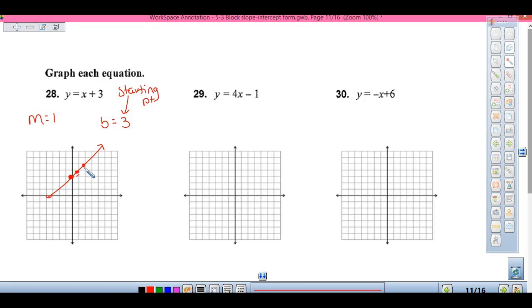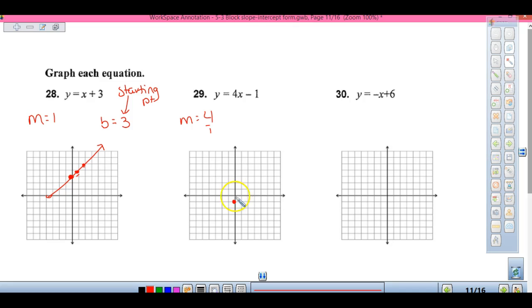Okay, so in this next one, what's my starting point? Negative 1 is my starting point, so I start at negative 1. My slope is what? 4. My slope is 4, so what does that mean to do? Up 4 over 1. Anytime it's a whole number, it means just over 1.